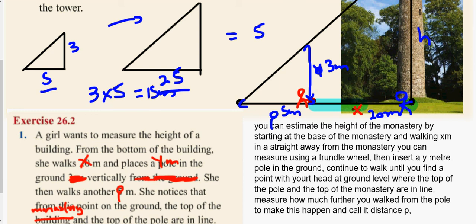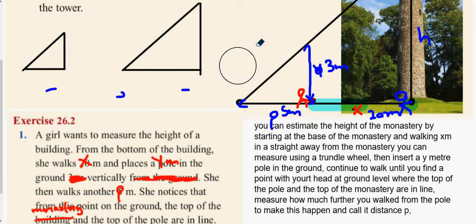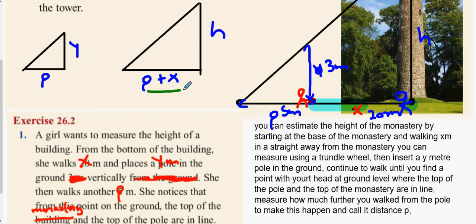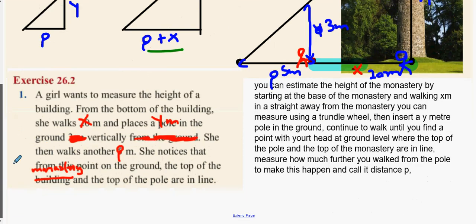Now, here's what I'm arguing. Instead of these numbers, here's what you're going to do. This one is size P. This one is P plus X, height H. And this one here was height Y. What we're basically saying is, you get P plus X divided by P. This tells you how much bigger the large triangle is compared to the small triangle.